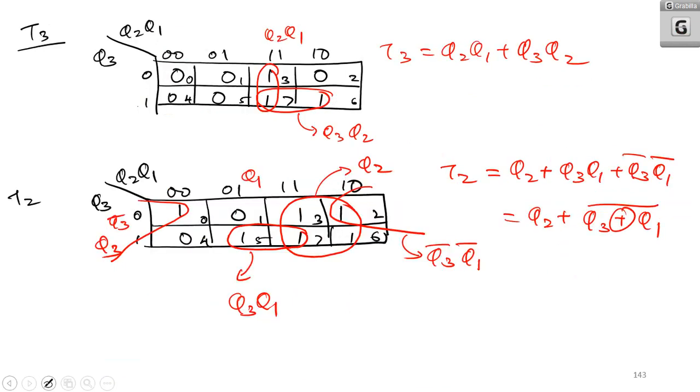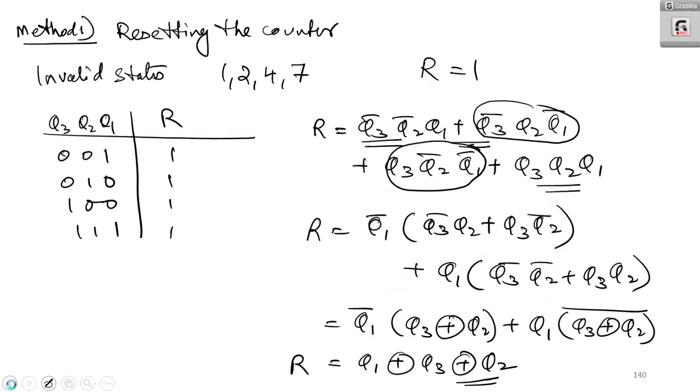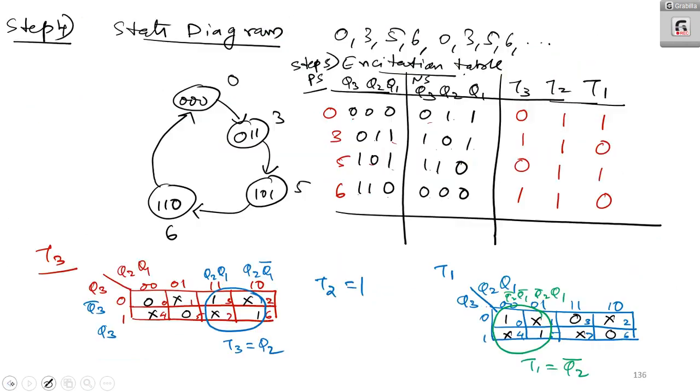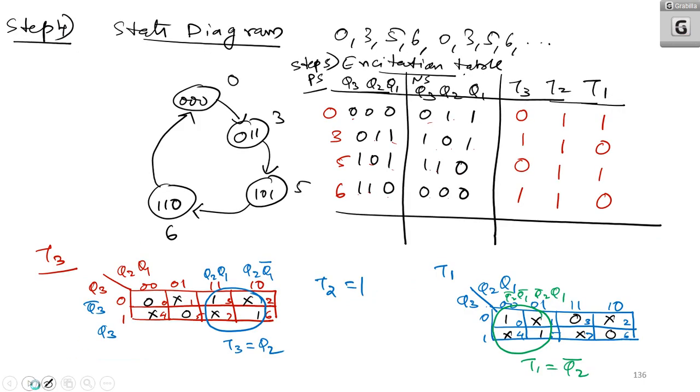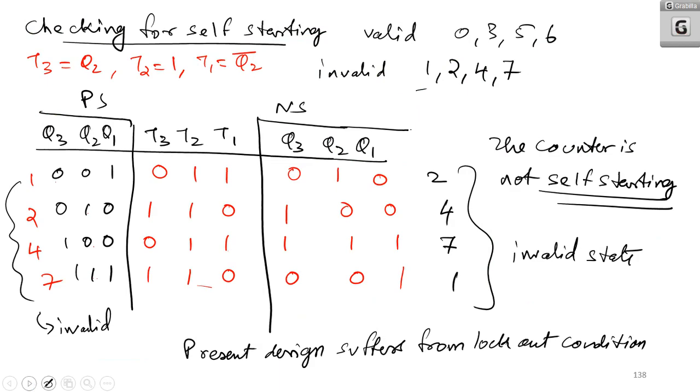Okay. So in this lecture, what I have dealt with is basically a counter which is going to count the states 0, 3, 5, 6, and I have checked whether the counter is self-starting. We have found that the counter is not self-starting because from one invalid state it is jumping into the next invalid state.